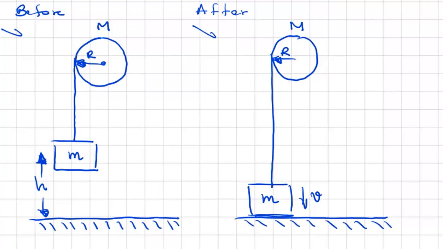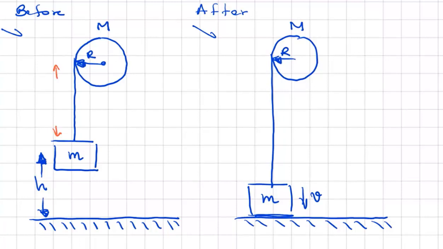So basically, the force that the cable is exerting on the mass and on the cylinder are equal, right? This happens because the cable is massless and it has no friction with the cylinder.